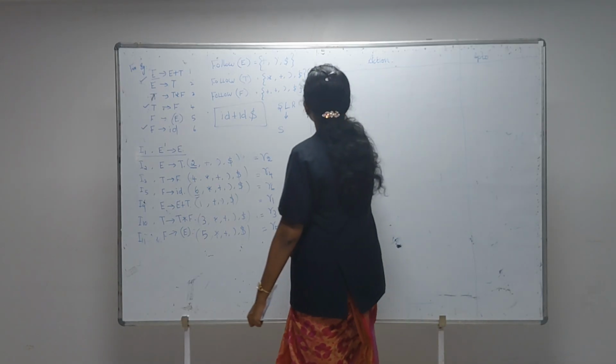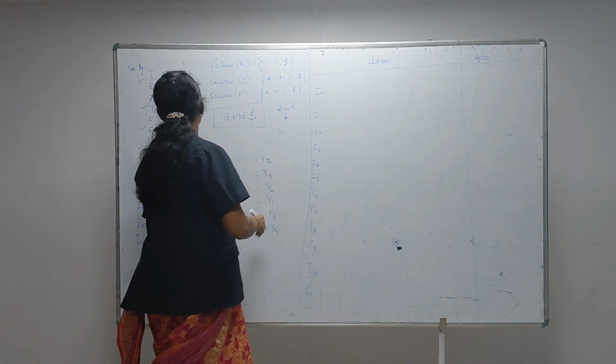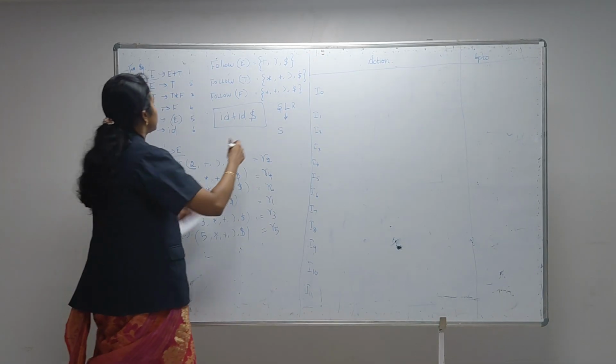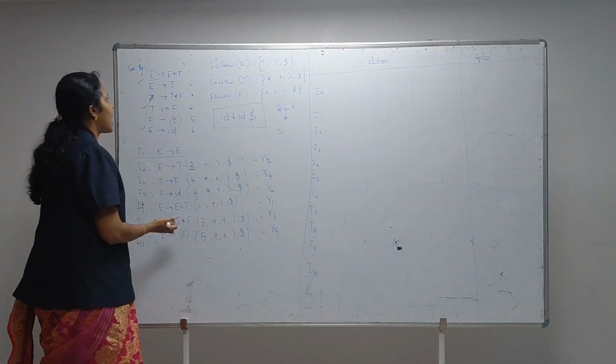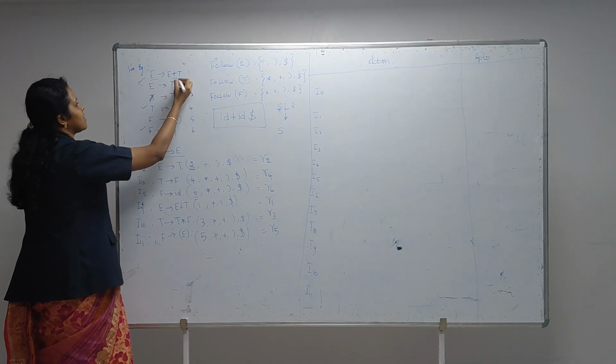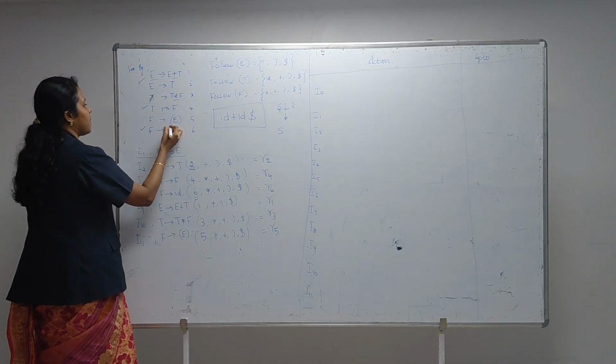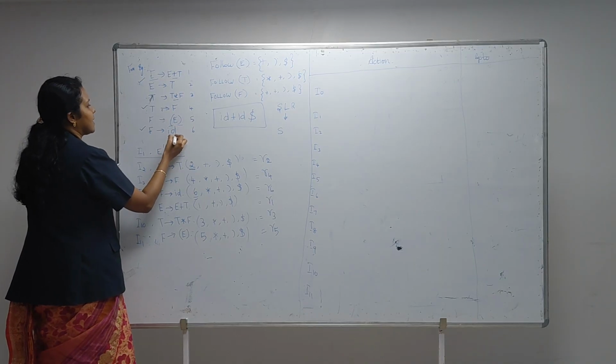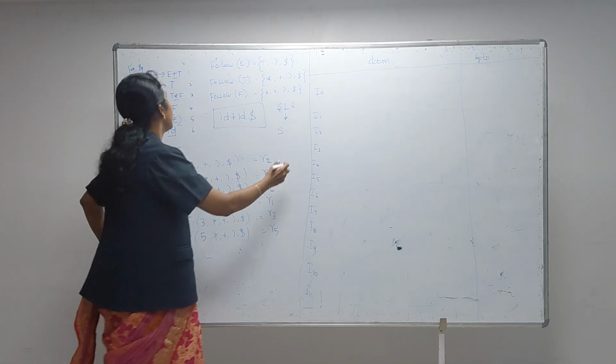For the action table, you have to list out the terminals which are present in the questions. The terminals we have in the questions are plus, asterisk, open parenthesis, close parenthesis and ID. These are the terminals we have to write in the action table.